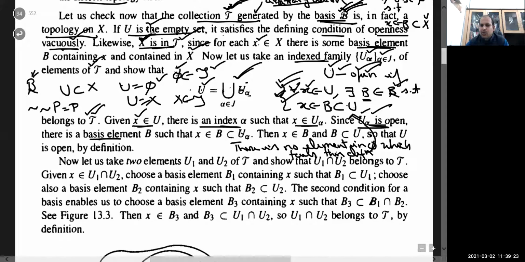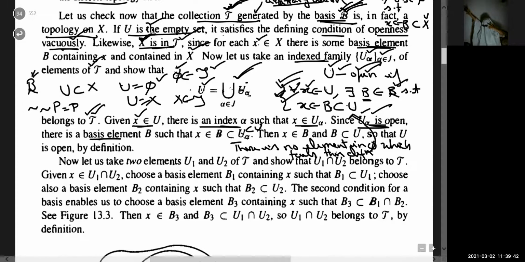U alpha is contained in U. ये क्लियर हुआ कि नहीं? भाई जब ये पूरा सेट है ना उसका यूनियन भी U में सबसेट तो होगा ना. हाँ, when B is in U alpha, so B will also be in U because U is union of all the U alpha.